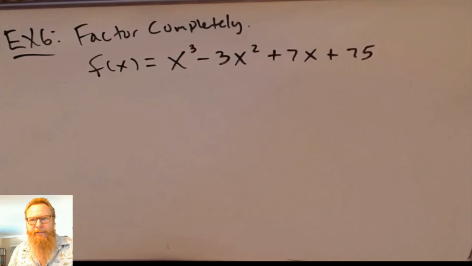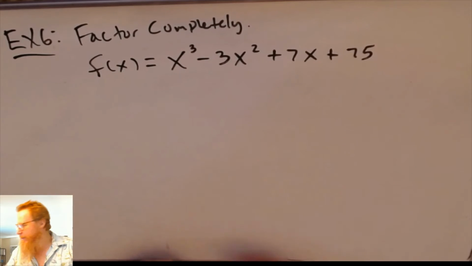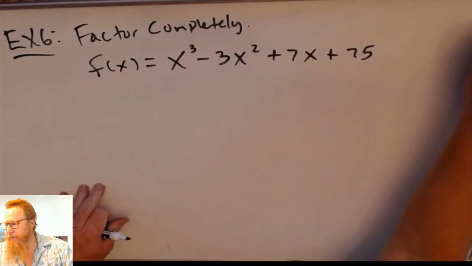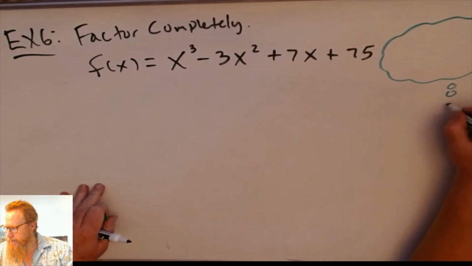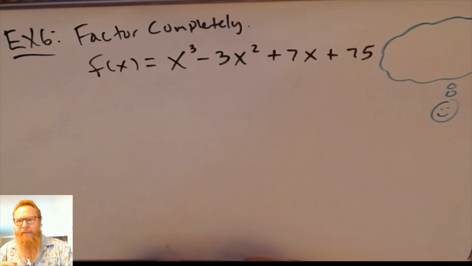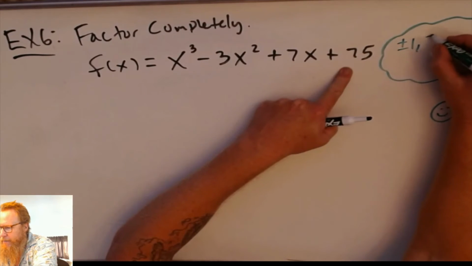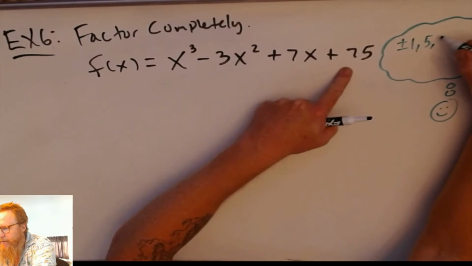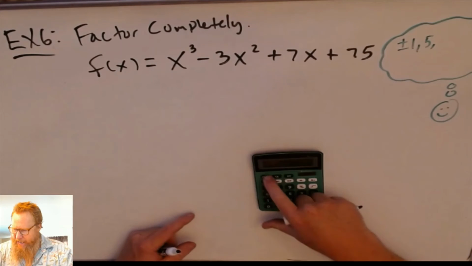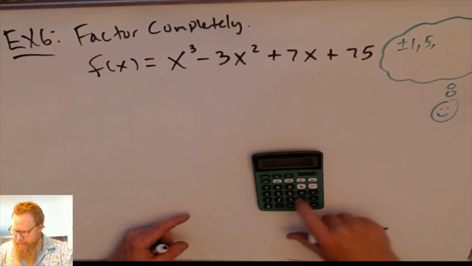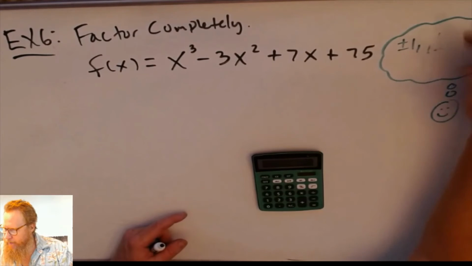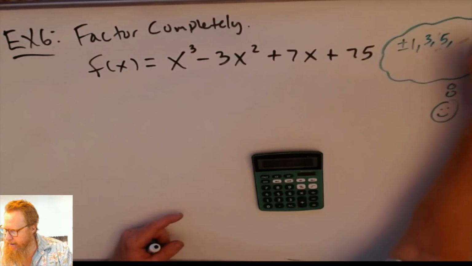All right. So, what are my possibilities? Let's just make a little list over here. Possibilities are factors of 75. So 1, 5. How about 3? 75 divided by 3? Yeah. 1, 3, 5.